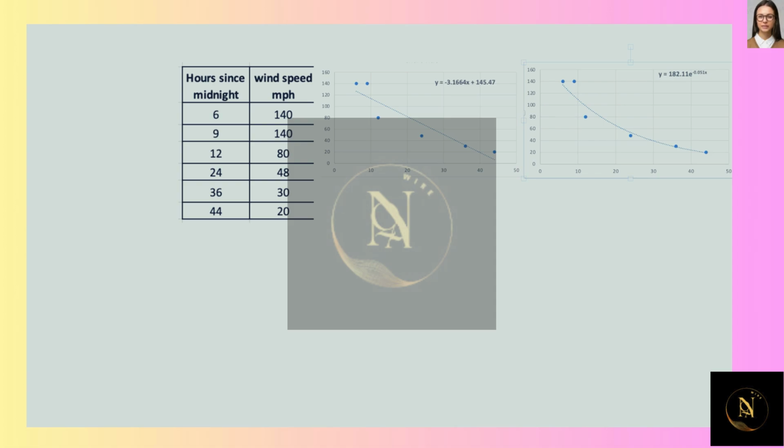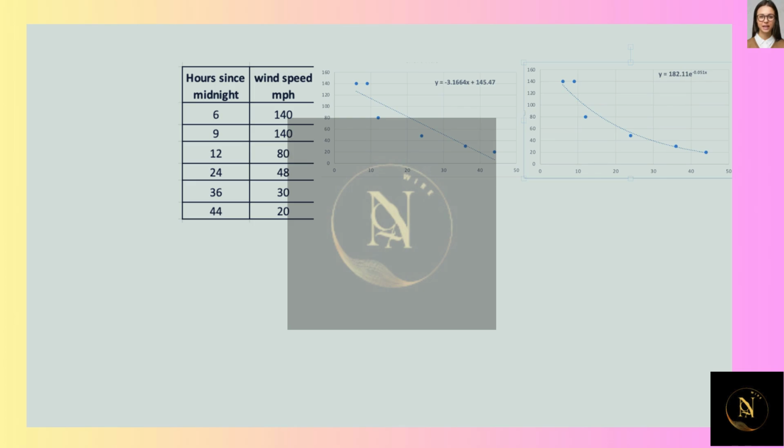Fill in the blank words: wind speed increase, linear, increase, dramatically, negative, decrease, exponential, steadily, hurricane, decrease, dramatically, level off, and positive. So we need to figure out within 20 hours which wind speed is better.